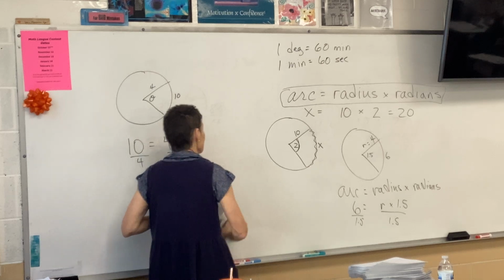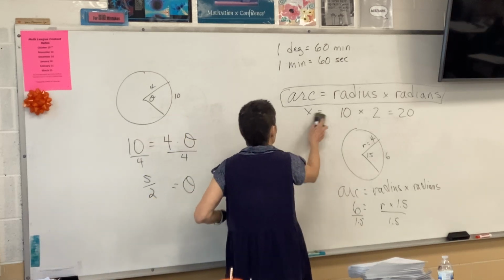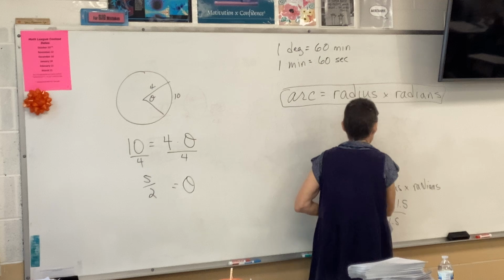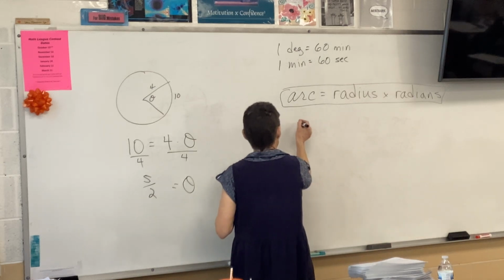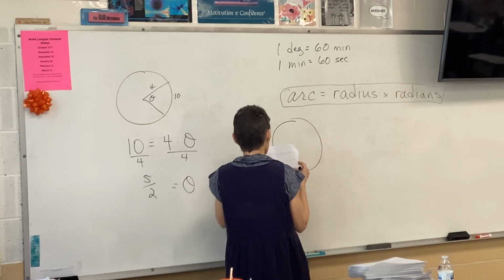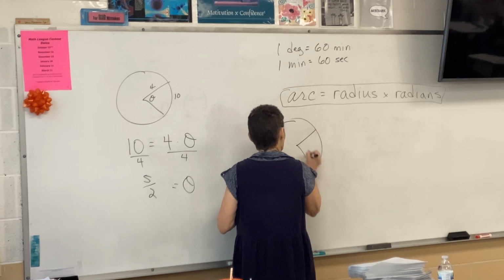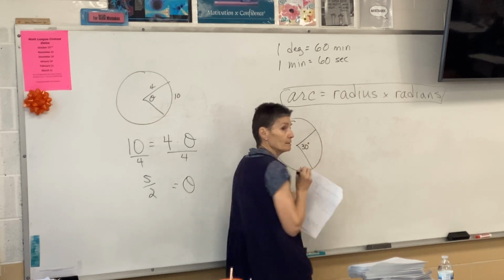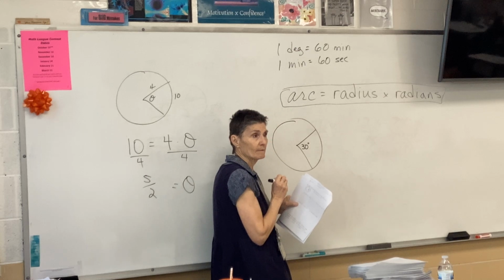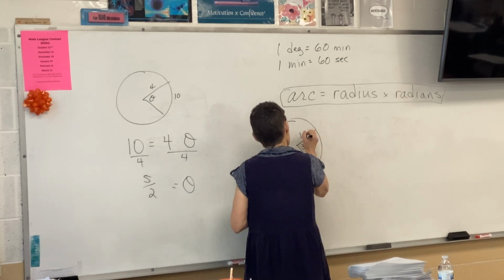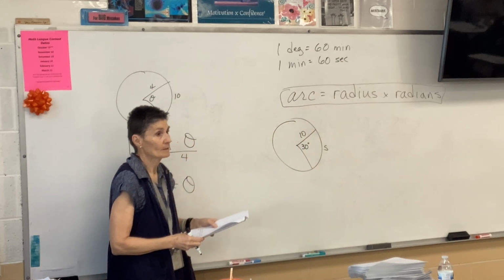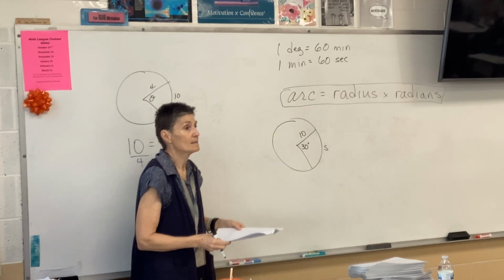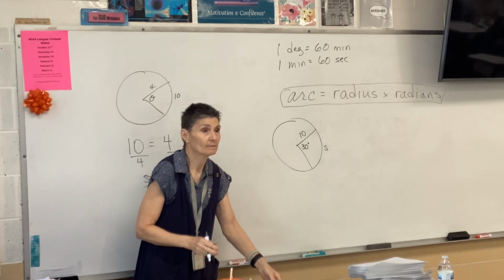Now, D, just when we thought we had everything under control, D is going to throw a snag at us. D says my central angle is 30 degrees. My radius is 10, and I want my arc length. What is the snag here?